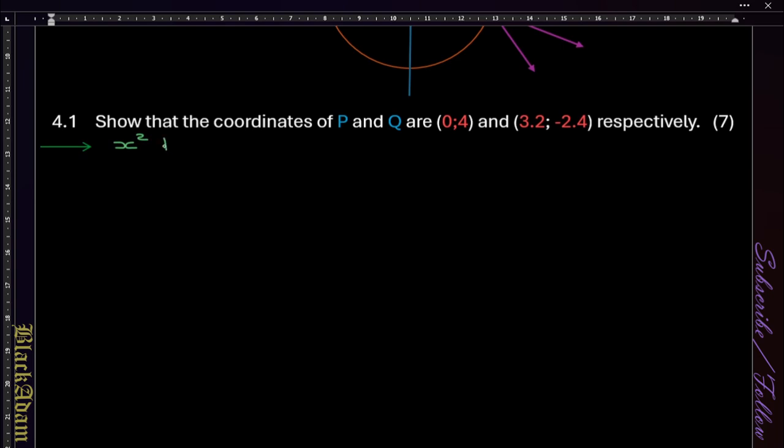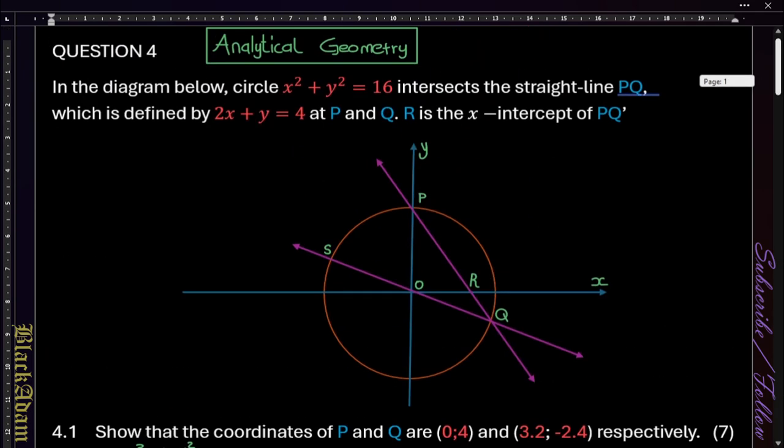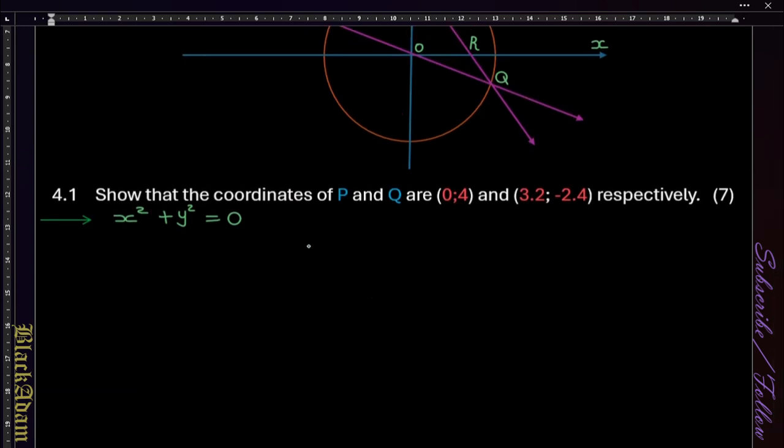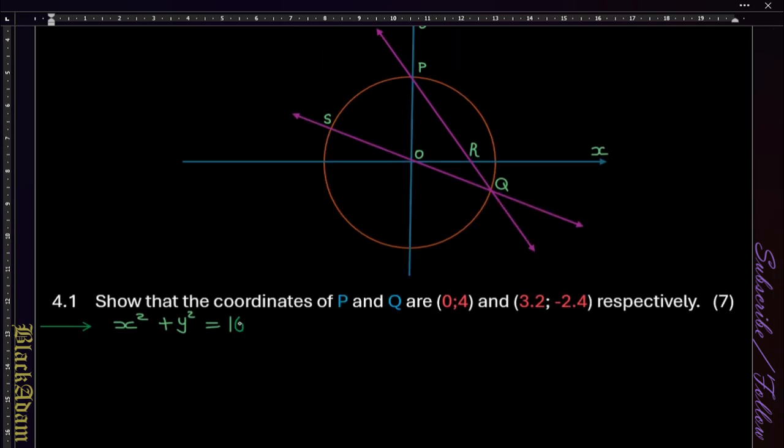Alright, so let's start with the circle where x squared plus y squared is equal to, okay, it's equal to 16 actually. So we have x is 0. So x squared plus y squared is equal to 16, and x is 0 squared, and then what will y be?